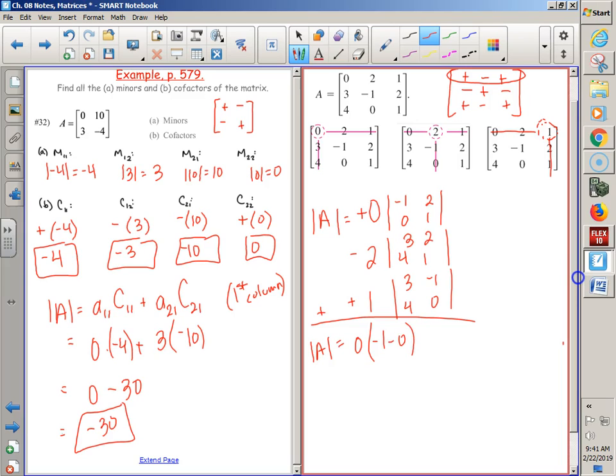Well, we'll get to it in a second. Minus 2 times main minus opposite, 3 minus 8, plus 1 times 0 minus negative 4. 0 times anything is 0. 3 minus 8 is negative 5 times negative 2 is positive 10. 1 times 0 minus negative 4 is positive 4.